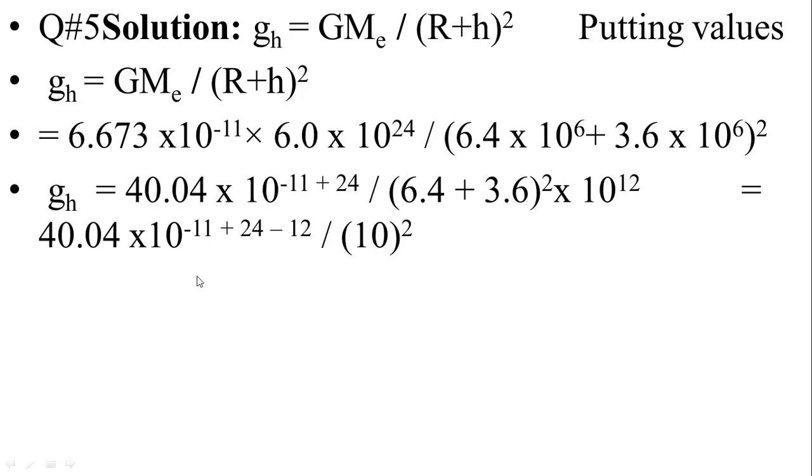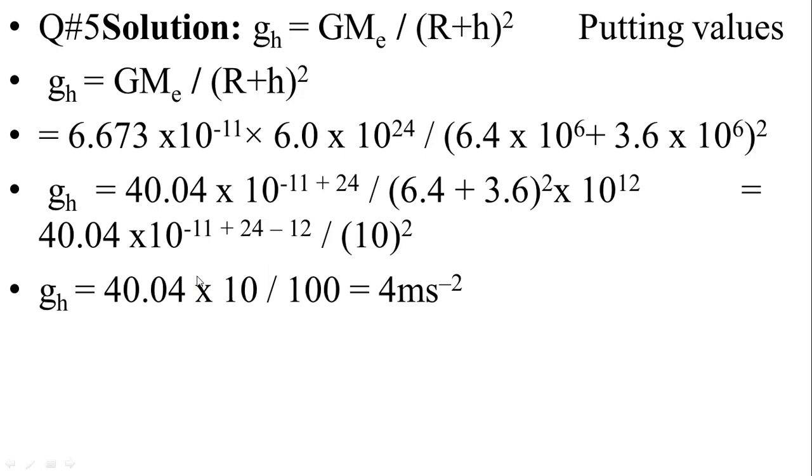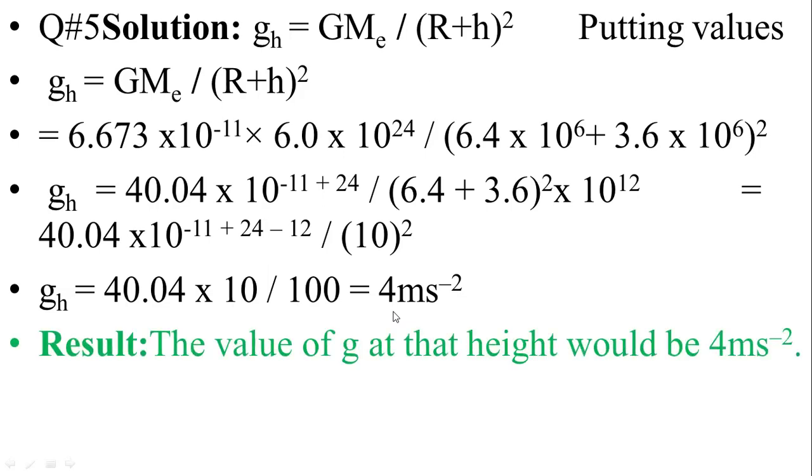So the value becomes 10 square. And this answer is equal to 40.04 multiplied by 10 divided by 10 square, which is 100. The final answer gh at height h is 4 meter per second square. So the resultant value of g at the height becomes 4 meter per second square.